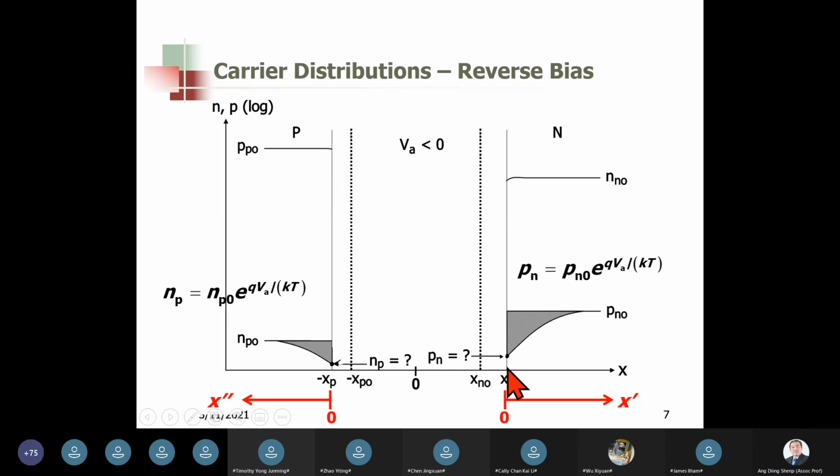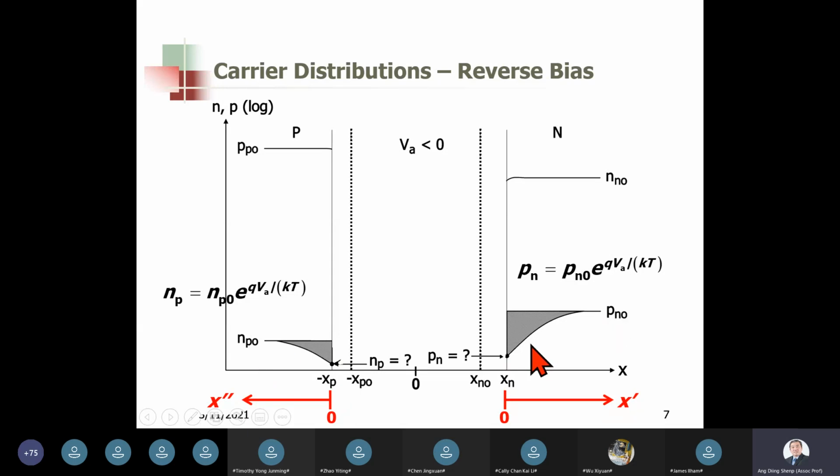is 0. Now, with fixed doping concentration, Pn0 and Np0 are fixed. Essentially, under reverse bias, the concentration gradient in the minority carrier concentration is fixed. So when the reverse bias is large enough to make the minority carrier concentration at the depletion edges 0, the concentration gradient from then on is fixed.